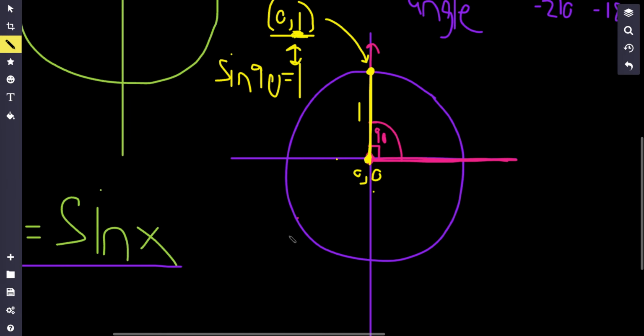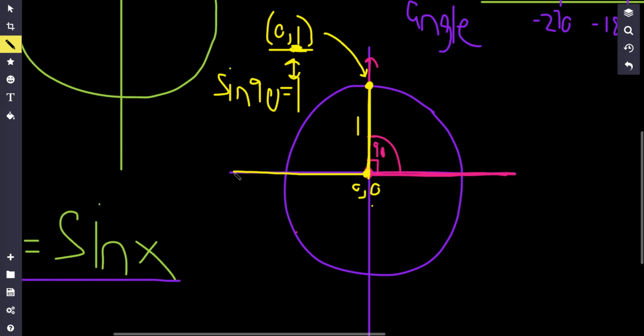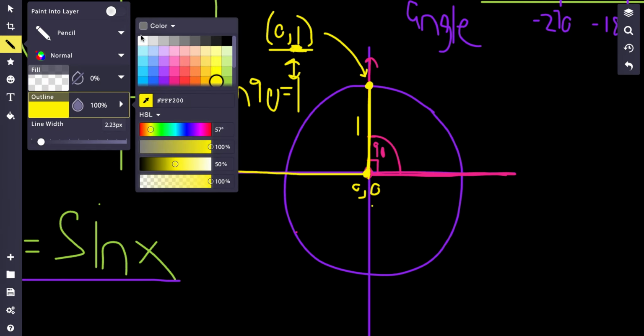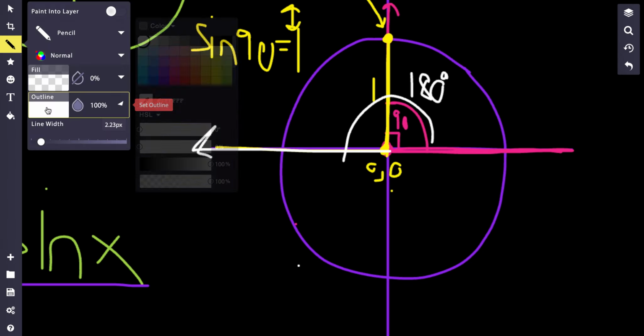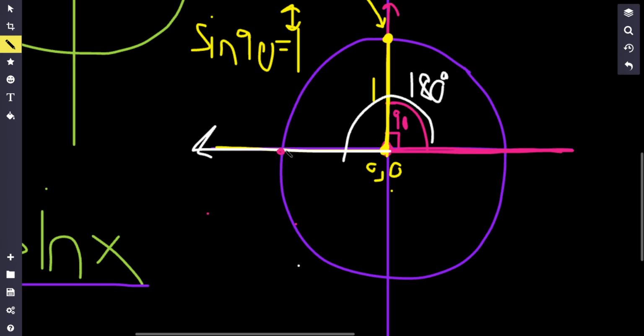Let's say we create a 180-degree angle now. This ray right over here intersects the unit circle at this point, and this also represents a radius of the circle.